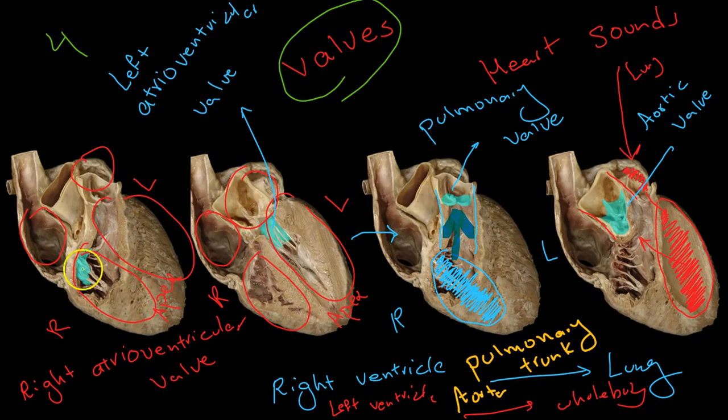So we have right atrioventricular valve between the right atrium and right ventricle, and there is left atrioventricular valve or bicuspid valve between the left atrium and left ventricle, and then we have the pulmonary valve between the right ventricle and pulmonary trunk, and there is aortic valve between the left ventricle and then the aorta.